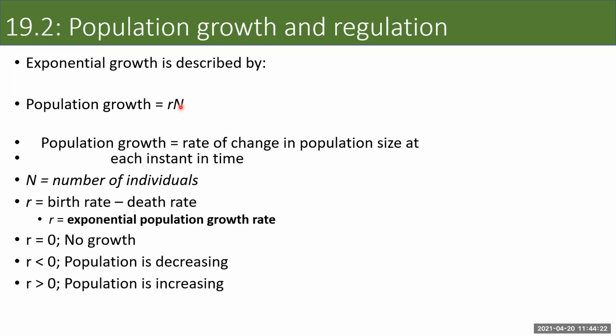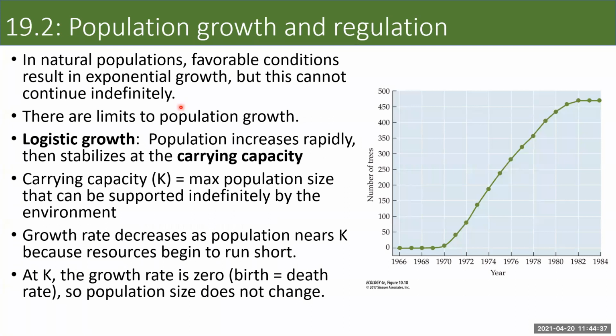Again, exponential growth is assuming there are no constraints, everything's fine all the time, and individuals are successful, they get energy, they're able to reproduce with no effects. However, we know that this ideal scenario is not the case at all in natural populations.